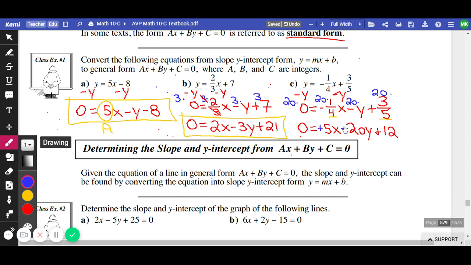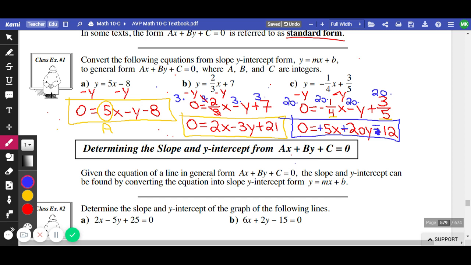And this is now a -12. My final answer would be +5x plus 20y minus 12. I don't have room to rewrite it. That's general form. Converting into general form. It's not too tricky. It just takes a lot of practice to remember the rules.